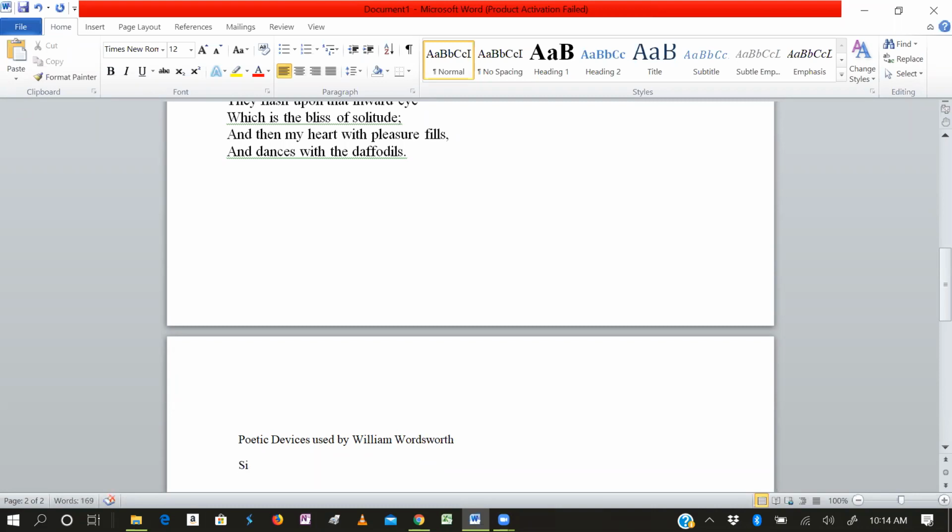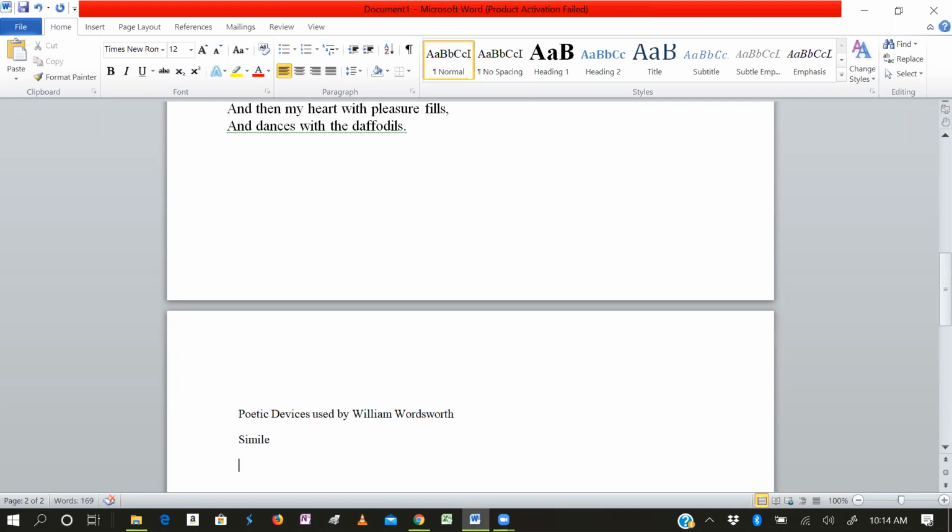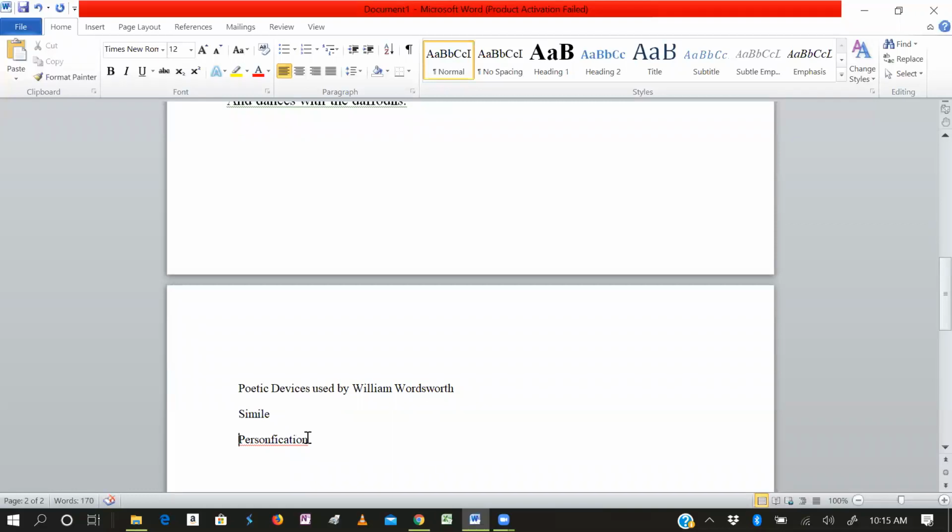simile in his poem, and after that personification, and rhythmic language as well. Personification, and after this the rhyming scheme he has used in his poem.